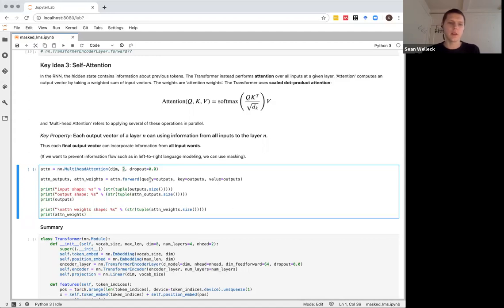Then here, you define the query, key, and value as just being the outputs from the preceding layer. That's what we mean by self-attention: there's no separation between an encoder and a decoder. You're just using the preceding outputs for all three.